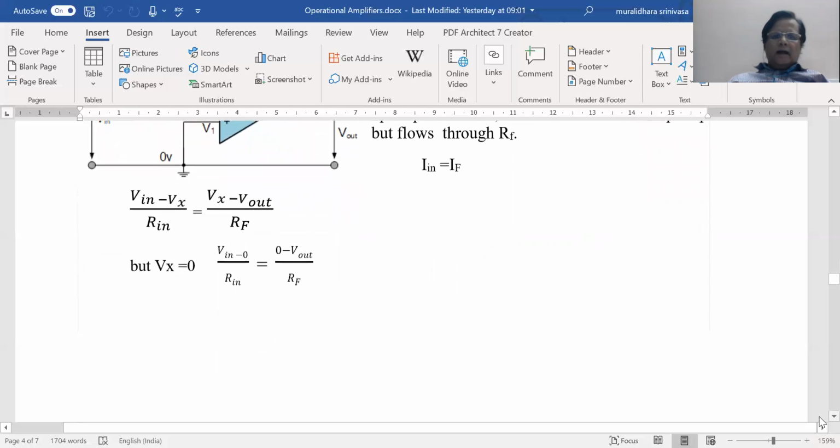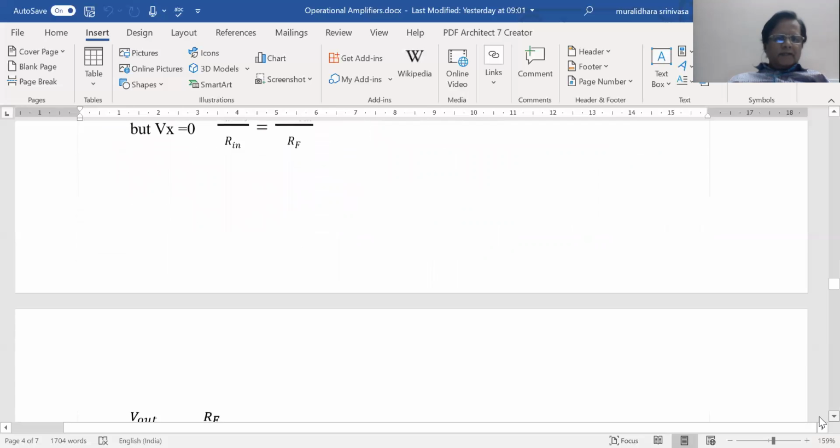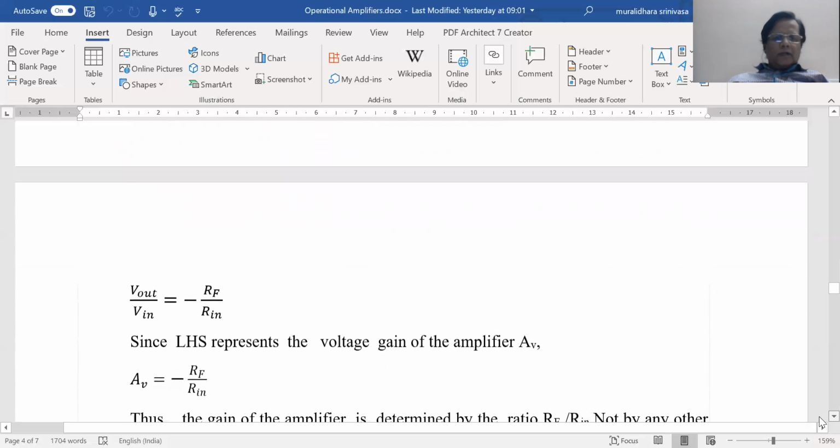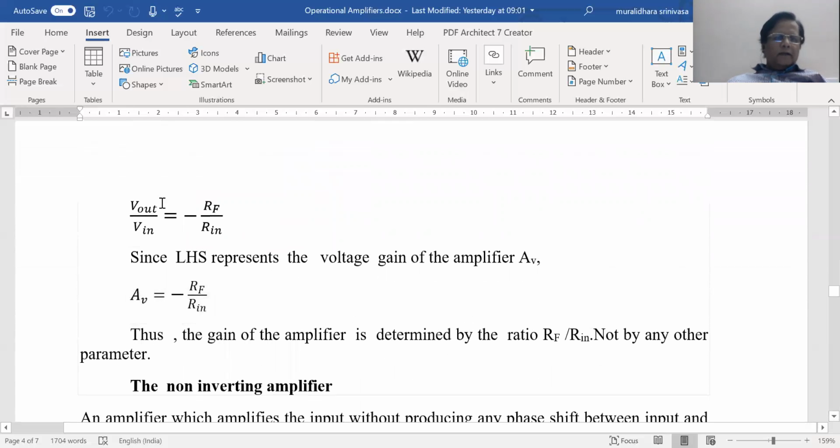In equals If. So essentially what happens? You cross multiply, you find that Vout by Vin will be equal to minus Rf by Rin. Vout by Vin, as we know, is the gain of the amplifier. Call it A, call it AV, whatever you want. So AV then is equal to minus Rf by Rin.